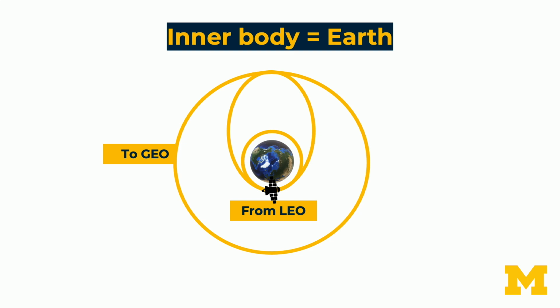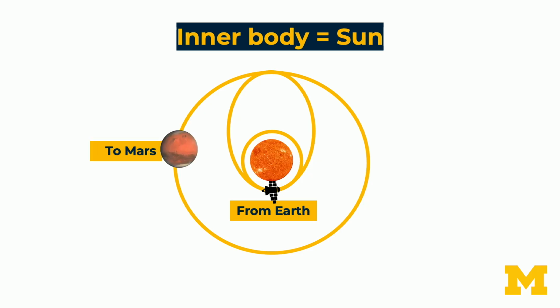This diagram of circle, ellipse, circle is useful all over the place. So if you want to go to low Earth orbit to geosynchronous orbit, you use a Hohmann transfer, and the inner body is the Earth. If you want to go from Earth to Mars, it looks exactly the same.